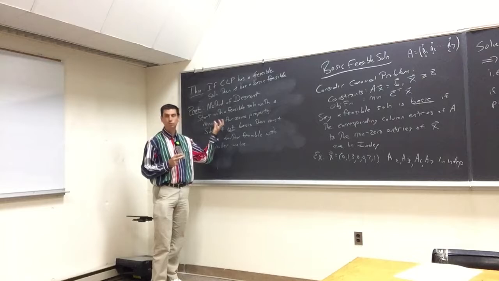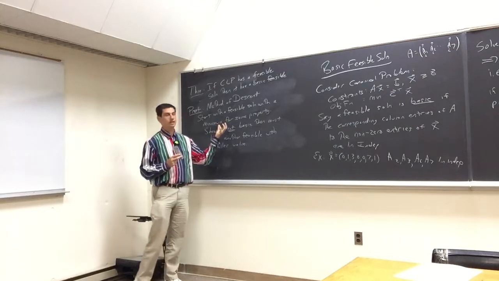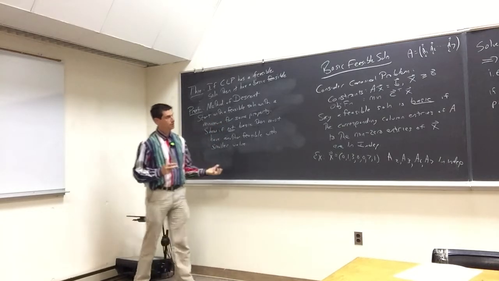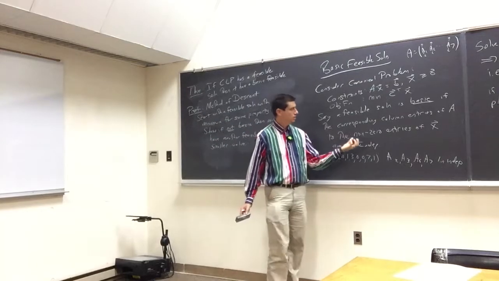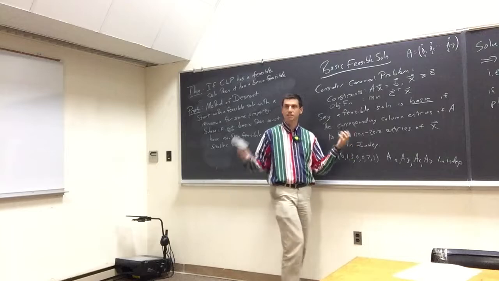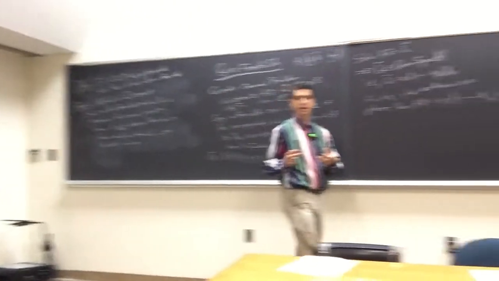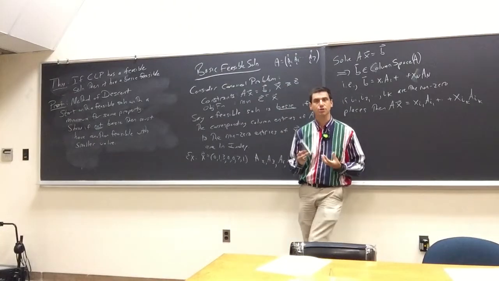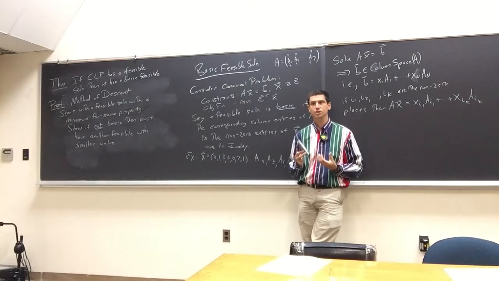So I need to come up with some property, and somehow if it's not basic, so that means that the corresponding columns are not linearly independent, I can somehow get a solution that has a smaller value of this property. Any thoughts on what that property should be?